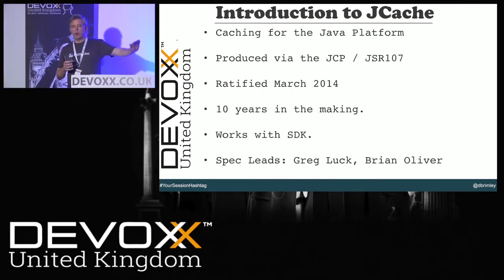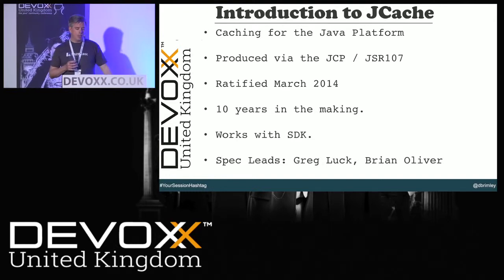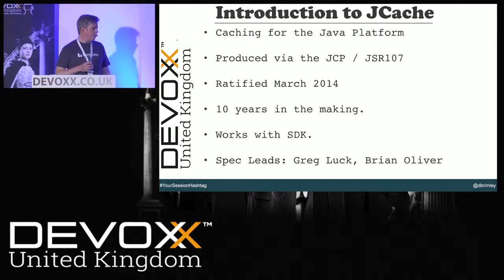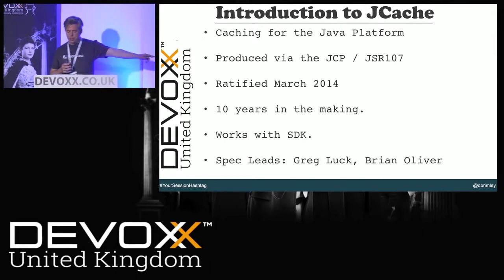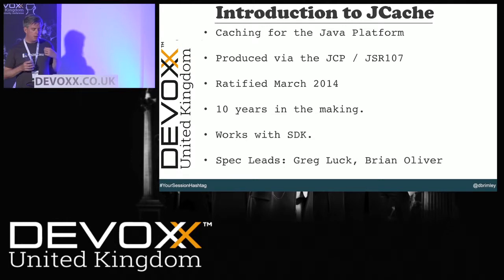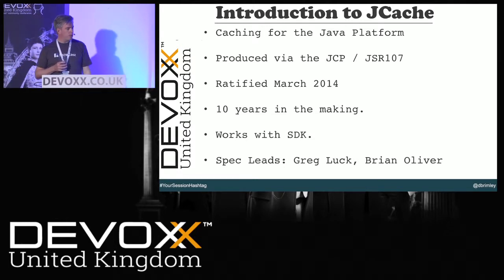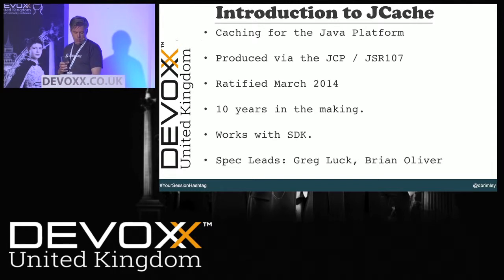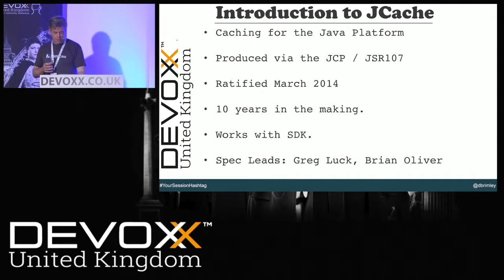Obviously, a lot of people have done work prior to that, so there's a lot of people involved, but these are the guys that really pulled it over the finish line. Greg Luck is actually CEO of Hazelcast, so he's my boss. And Brian Oliver is a gentleman who works for Oracle Coherence, very well-known chap. So, as I said, it's a long time coming, but it's eventually here. It came out in March of last year. So we've had a year of JCache.